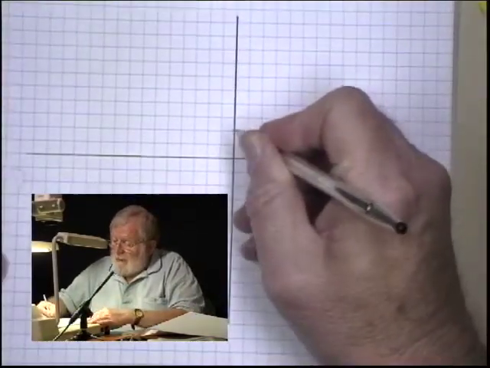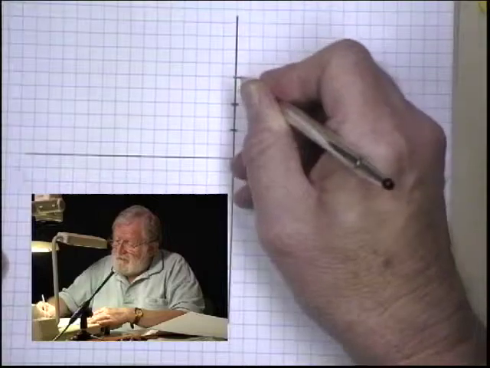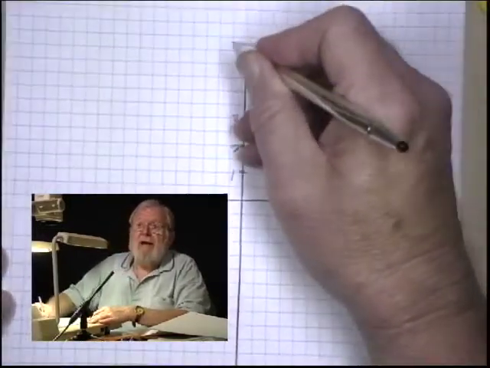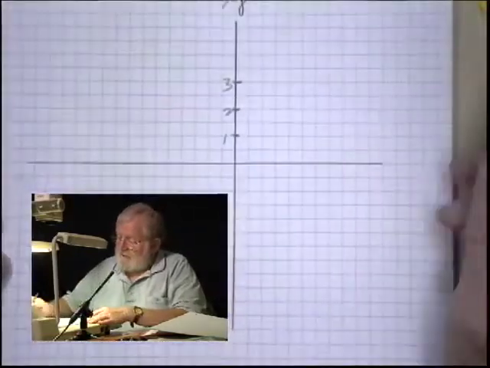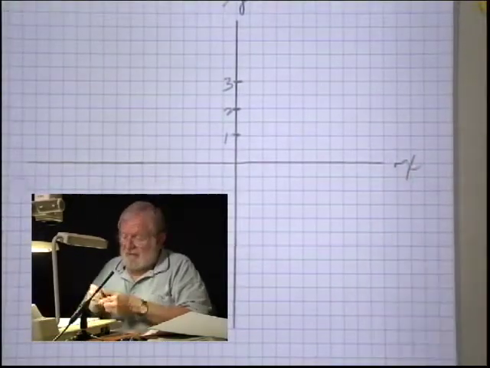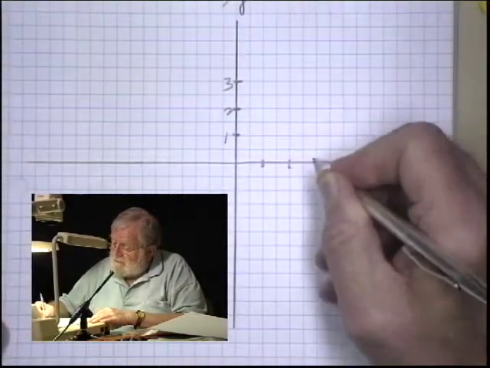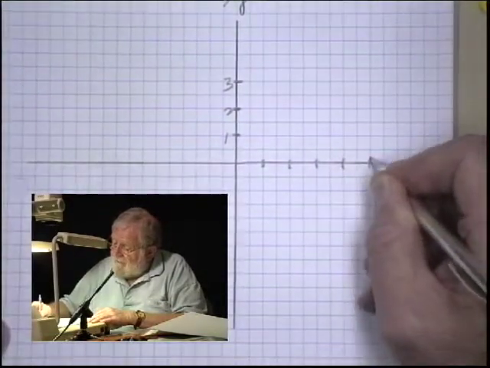So this would be 1, this would be 2, 3. This, of course, is my y axis. This is my x. We have to label our axis. And this would be a 1, 2, 3, 4, and 5.